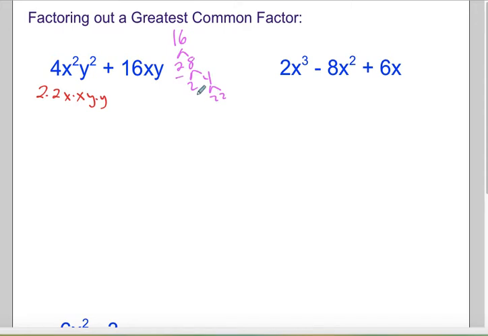So the prime factors are 2 and 2 and 2 and 2. So the 16 can be written as 2 times 2 times 2 times 2, and then we have times x times y. So this is the factorization for 16. So the greatest common factor is that they each have 2 2's that we could take out.